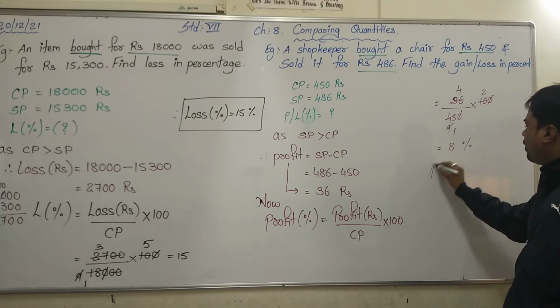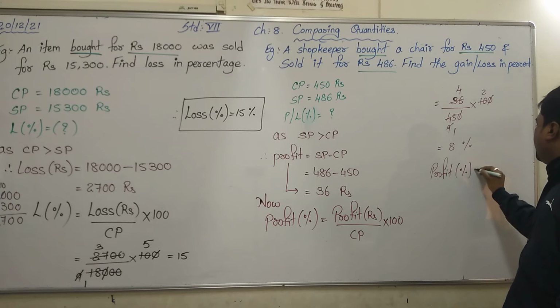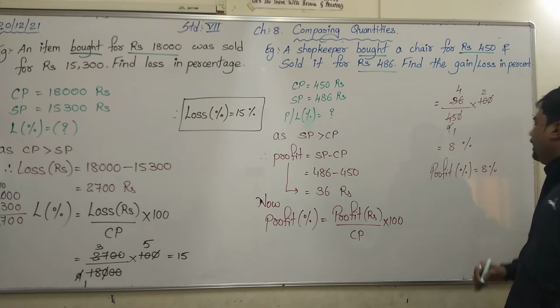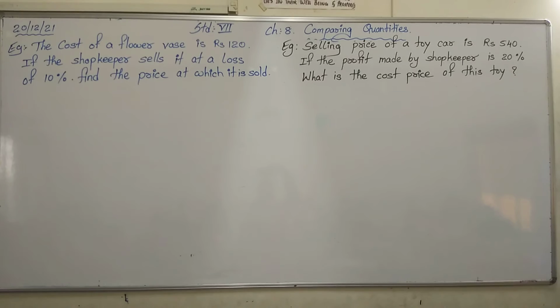So profit in percentage is equal to 8%. Clear થયું કેવી રીતે sort out કરવાનું છે? Right? Most important example.